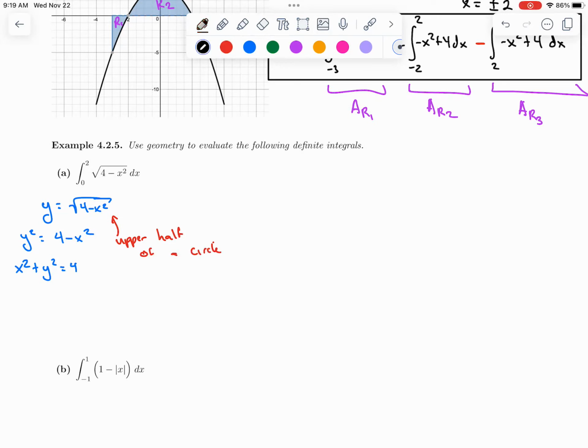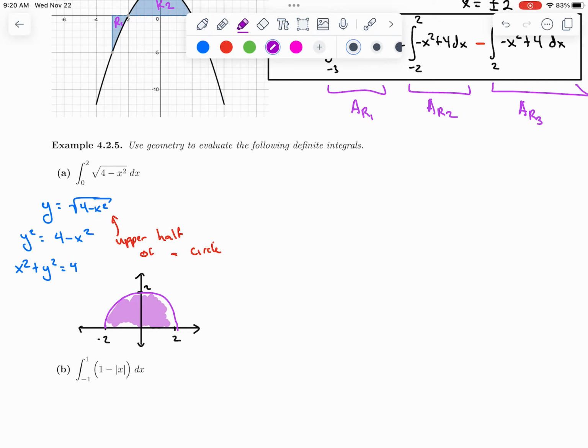So what this ends up looking like: here's -2, here's 2, and here's 2. And your curve looks like this. And so we want this region, and so that's a half circle. We know the formula for the area of a circle.